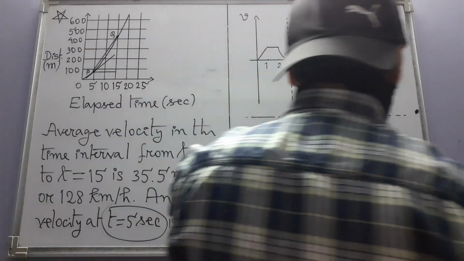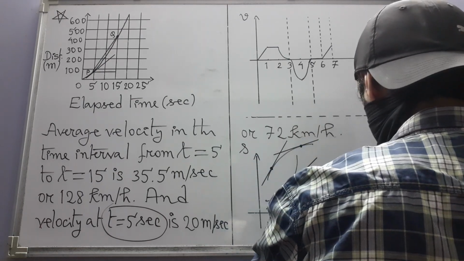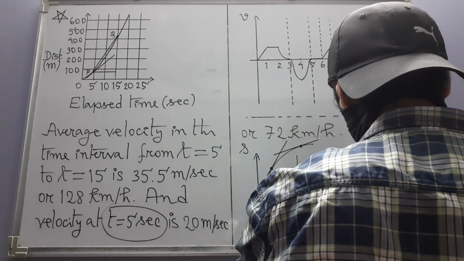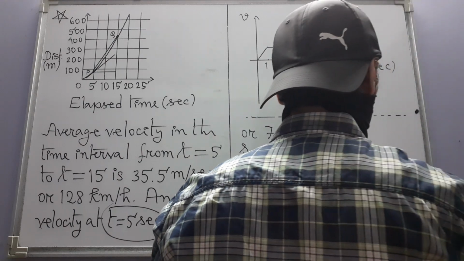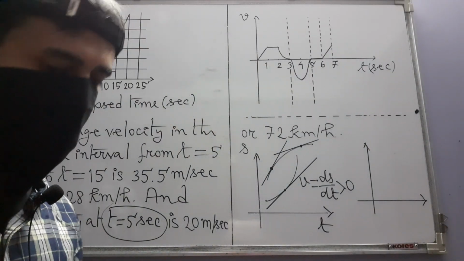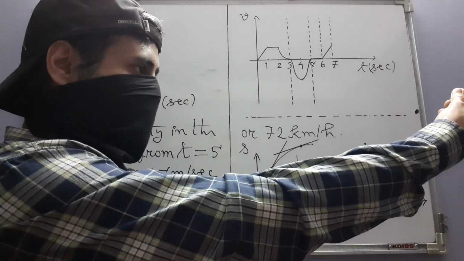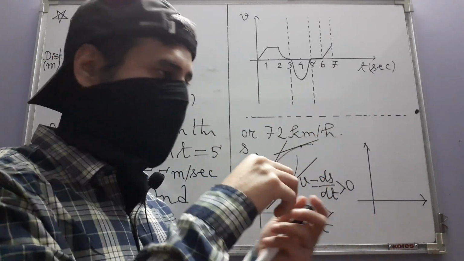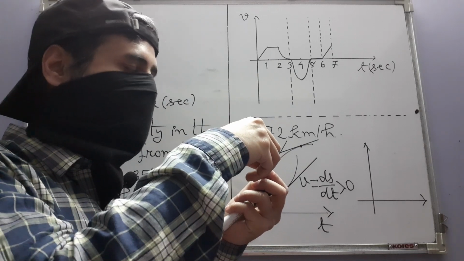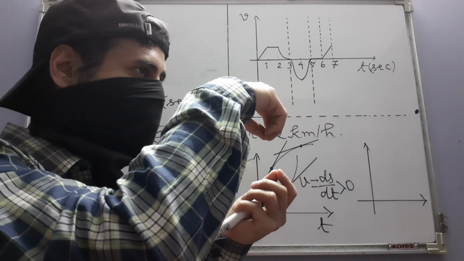As opposed to this, if you consider a motion in which S is decreasing with time, say you are looking at something which is coming towards you, so you are measuring the distance of that moving object from yourself.